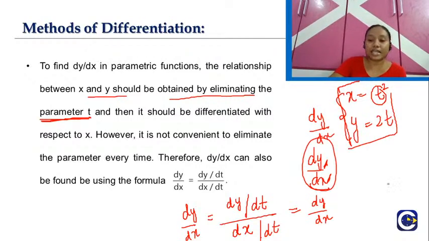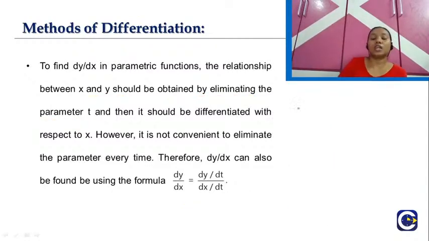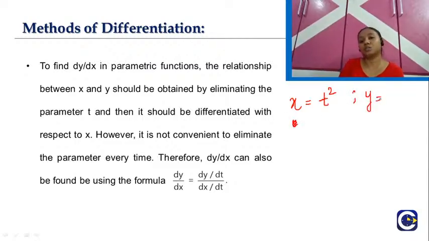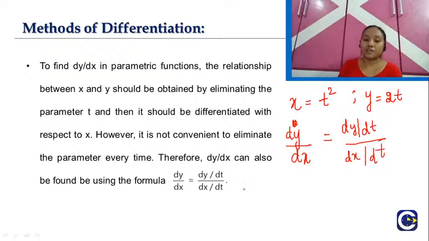Right. So let's take an example and try to understand this in an easier way. I'll take two parametric functions, the same thing we have taken earlier: x is equal to t square, and the function y is equal to 2t. According to our formula, we find dy by dt and dx by dt.